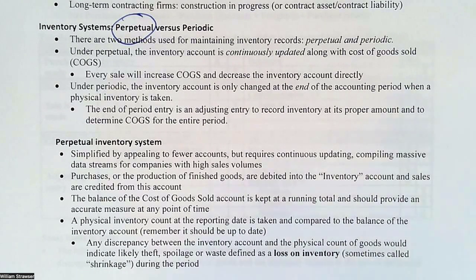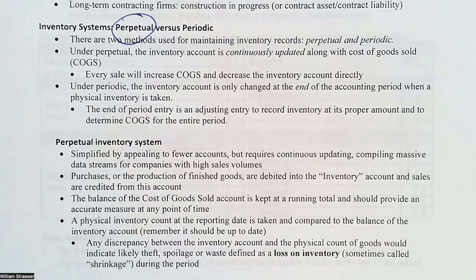Under the periodic system, which is older, this was during the days before we had massive data storage and computing power. We would just alter the inventory account directly, debit it or credit it at the end of an accounting period. And we would do so only after we had taken a physical count of inventory. I'll show you basically the very simple equation of how that works.